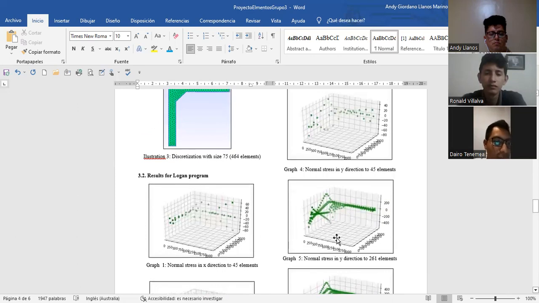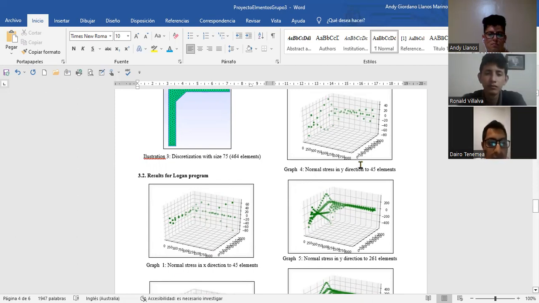We see the order of the coordinates in the x and y direction, the coordinates of the plate, the frame, but in the z axis we can see that it is according to the parameter.